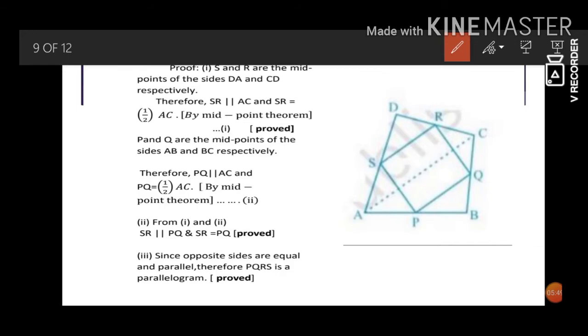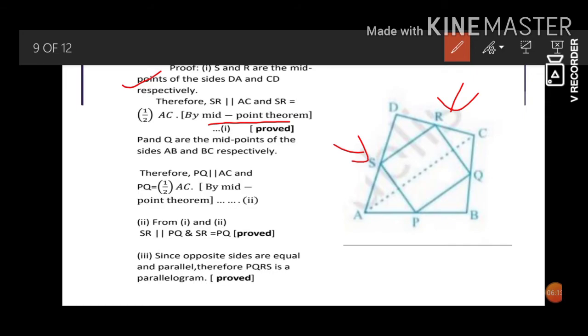So here first you can see S and R are the midpoints of the sides AD and CD respectively. So using the midpoint theorem we can write that SR is parallel to AC and SR is half of AC. So our first proof is done.